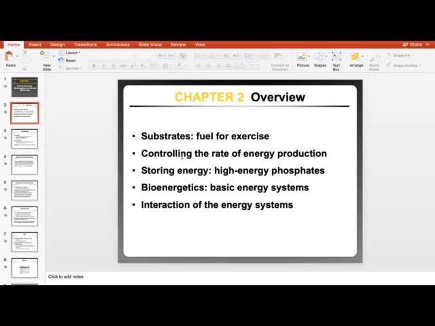Later on, we'll talk about how this energy production is controlled, and it's controlled with enzymes. We just talked about storing energy. Your body really doesn't store a lot of ATP, adenosine triphosphate, but you can make a lot of it with these energy systems.